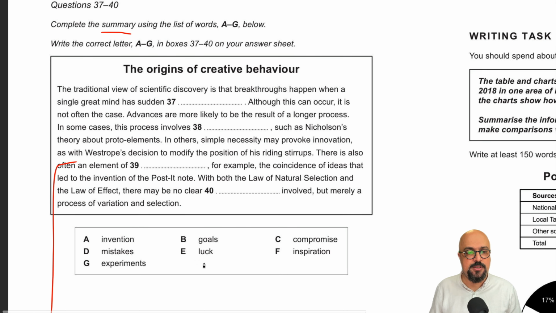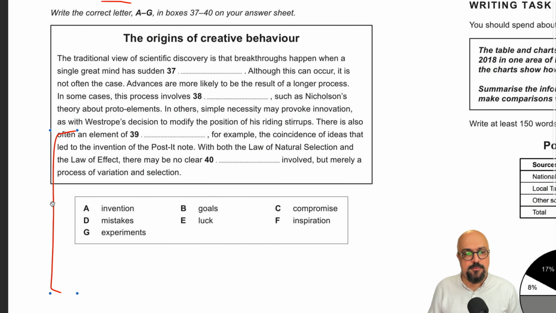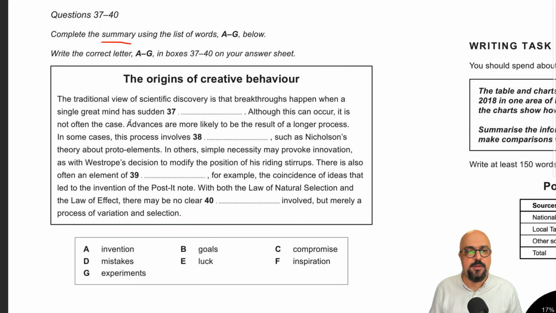And if we have the words in the box, there would be less need for making references to the text. So the origins of creative behavior. This is a very general term. So it seems like it's a very general summary. Sometimes the summary tasks are from one or two paragraphs, but the origins of creative behavior. No, it's very general.